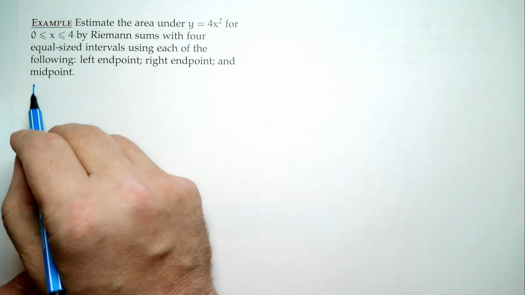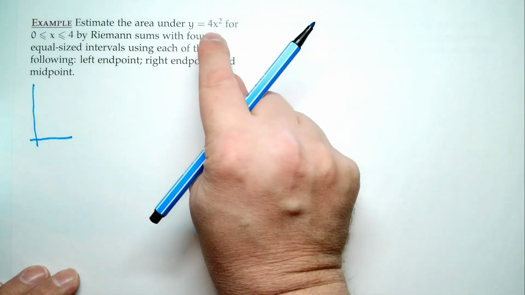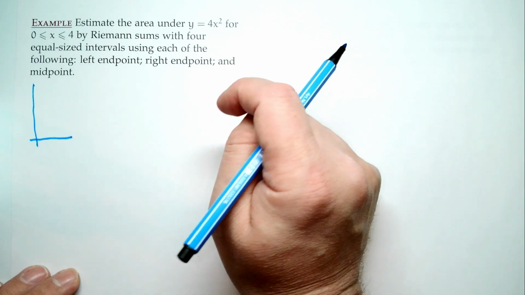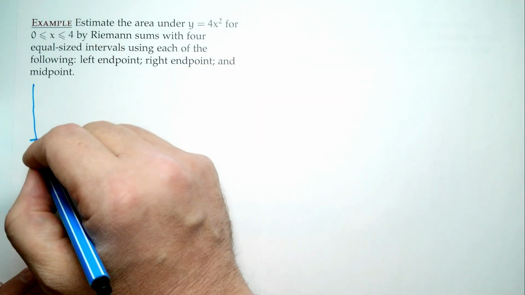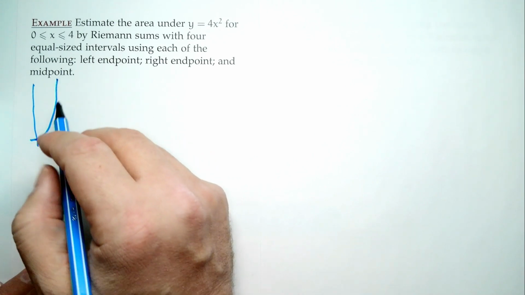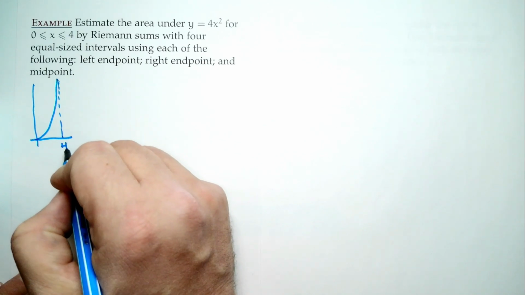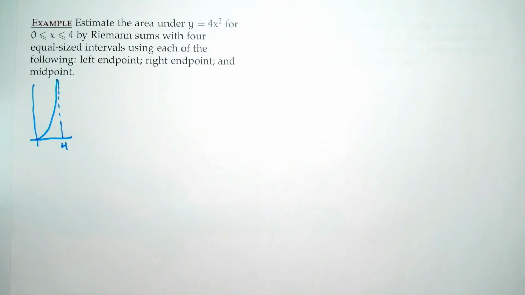Now we can visualize what this is doing. 4x squared, what's that shape? It's a parabola. It's a parabola that's been stretched a little bit. So here's my parabola, and I'm going from 0 to 4. So here's 4. Now, we want to split into 4 equal-sized intervals.